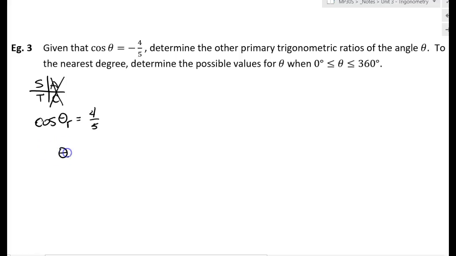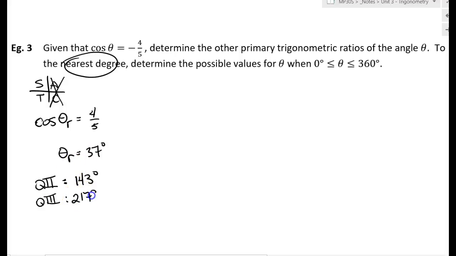So again, I take the inverse cosine of 4/5 and I get 36.8. So to the nearest degree means I'm going to go 37. Quadrant 2 is 180 minus this, so that's going to be 143, and quadrant 3 is going to be 180 plus 37, so that is 217, and that is my final answer.